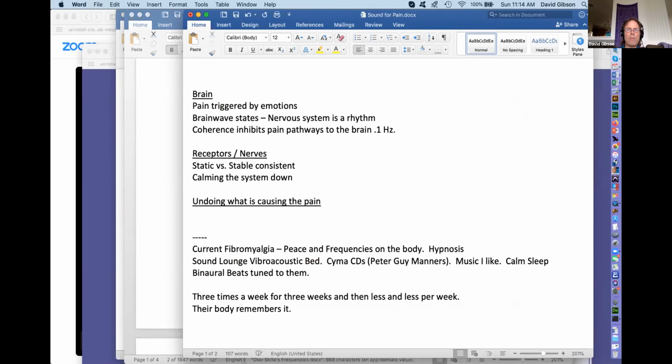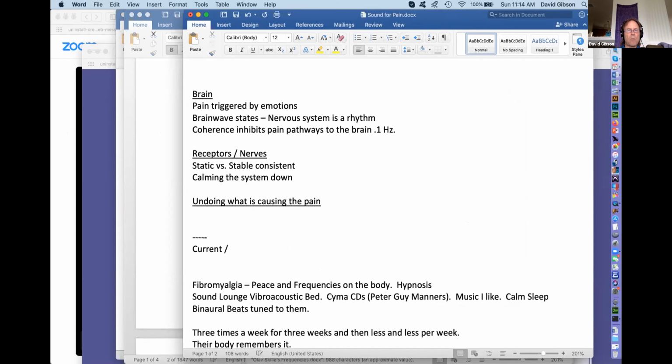Excellent. I think that's really critical. It's a big difference, because this is one thing that I've learned: if you have a current bruise or something that just happens, and you get frequency and vibration on it immediately, the body doesn't have a chance to freak out and start going into that whole spiral.